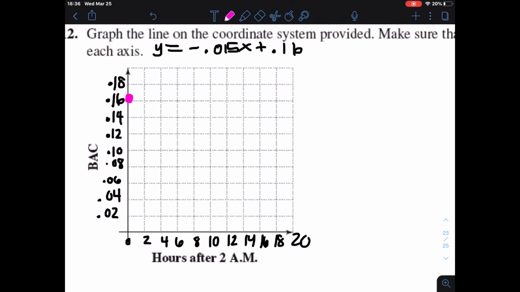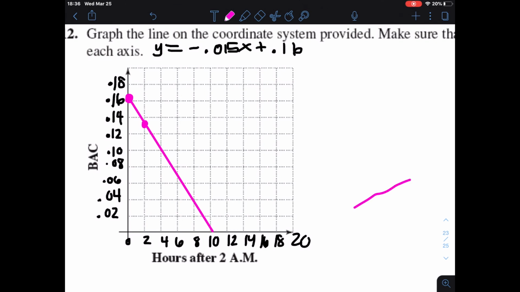Then we know the slope is negative 0.015. So after 2 hours, he would be at around 0.13. And once we have 2 points, we can connect our line, and here would be the line that talks about his blood alcohol concentration.